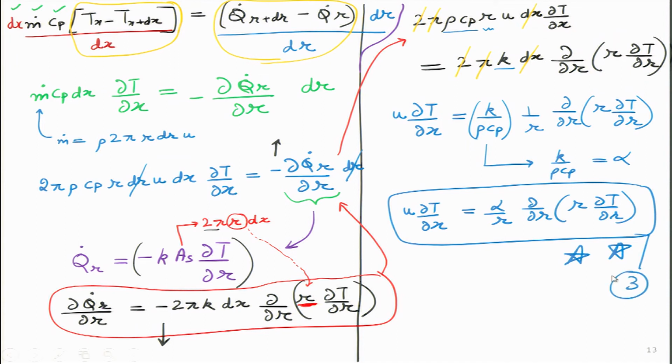This is a general equation which tells me the gradient of temperature as a function of x is somehow linked to the gradient of temperature along the radial direction. And this is a very interesting result. Now, let us solve it for some specific case. So, again we will have case 1, case 2, and the case 1 we will take is the simplest one, where we have the boundary condition as constant heat flux.